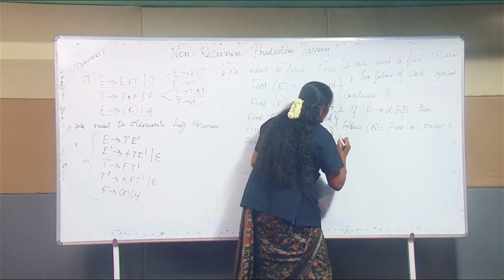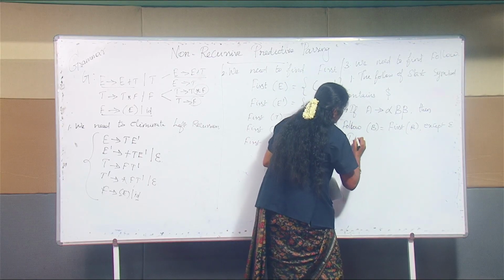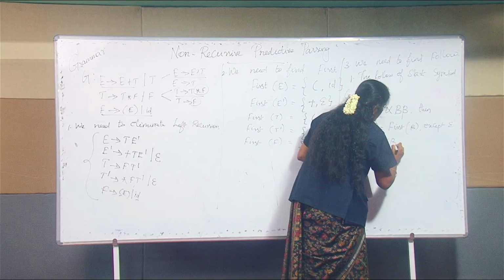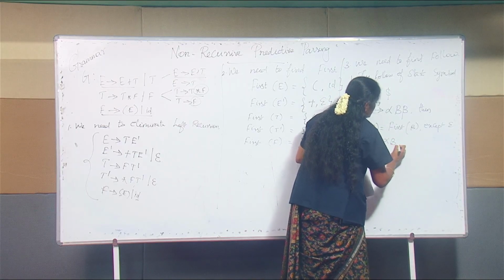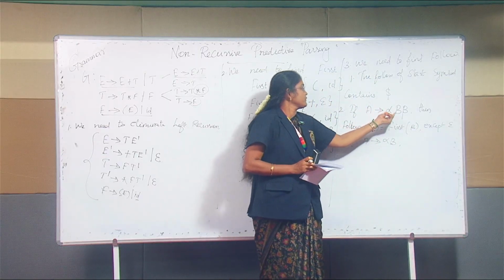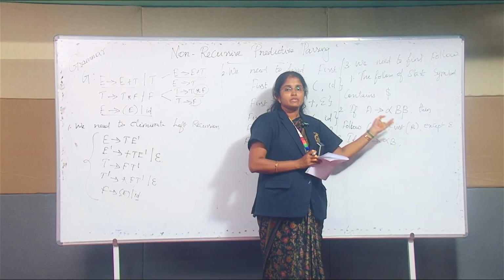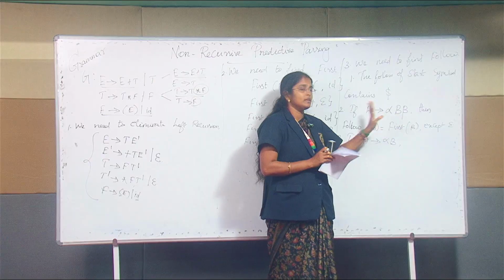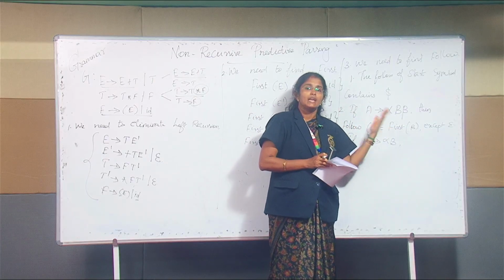Then another rule, A tends to alpha B. Here what I have said is, for the element for which you are going to find the follow, you have to look at the right side.